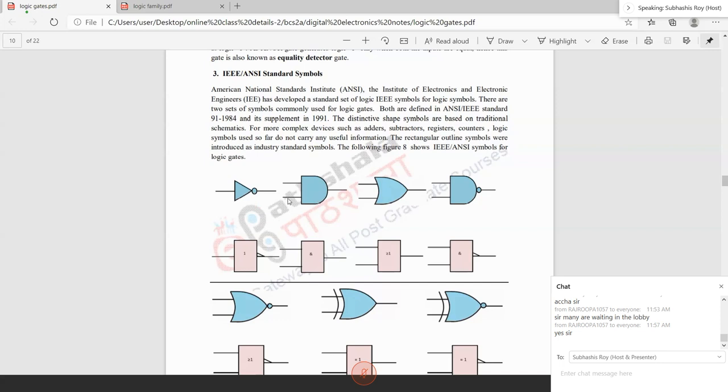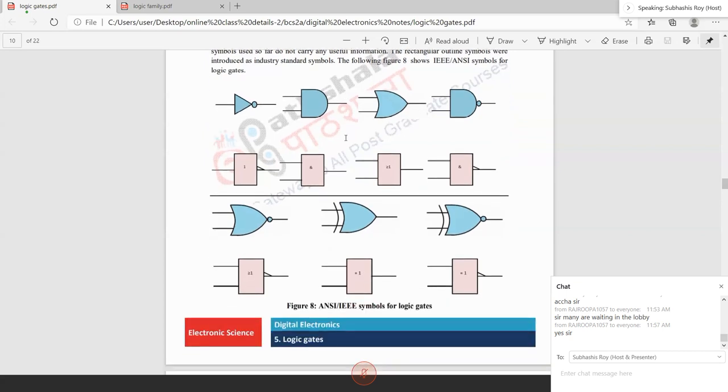This is the general notation of the gates, but IEEE is the international standard. So it will be better if you know these things also. It is good to know that this is the international standard for denoting a gate. Okay, so you see that this is fixed, we cannot change.